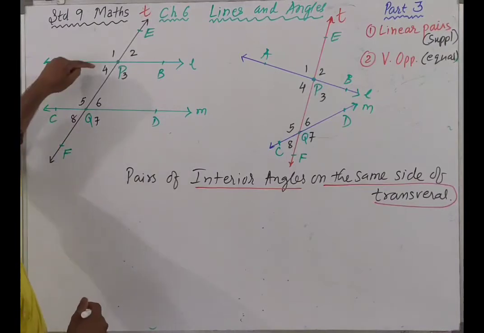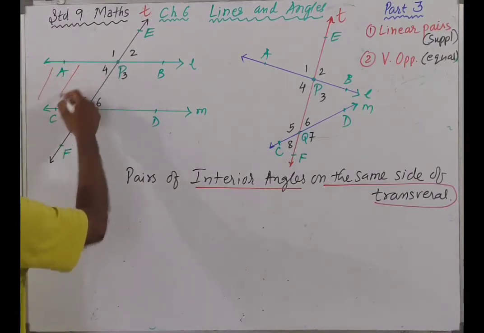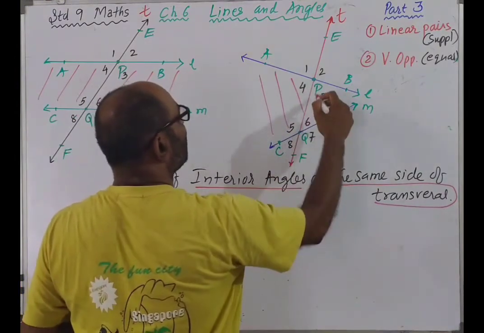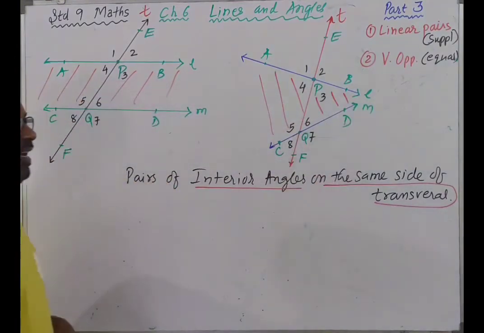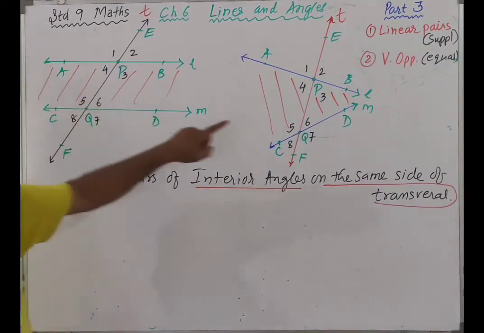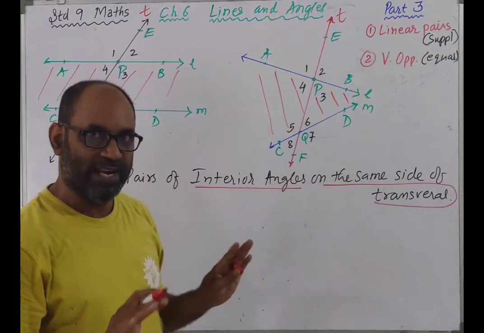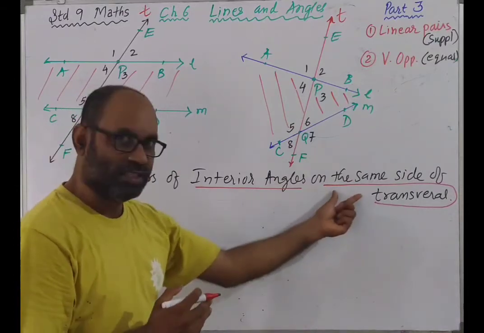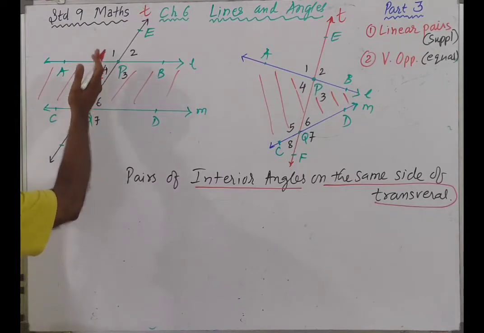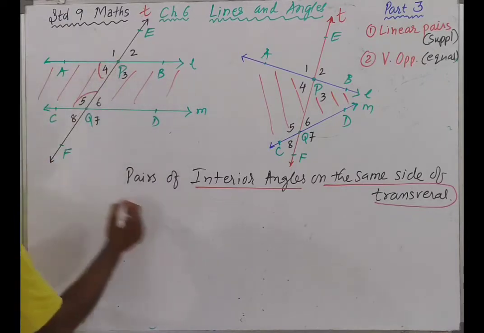So which are interior angles? This region you see is interior, and this region you see is interior, correct? So angles 3, 4, 5, 6 are in the interior, but I want them on the same side. So which pair? 4 and 5 are in the interior and also on the same side.